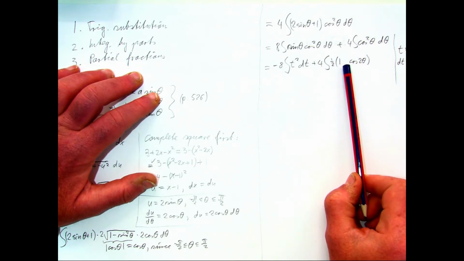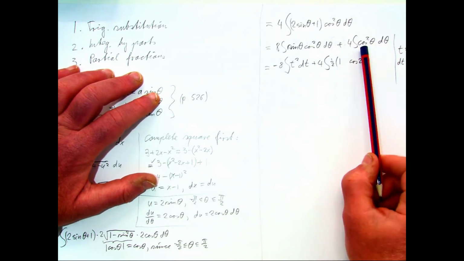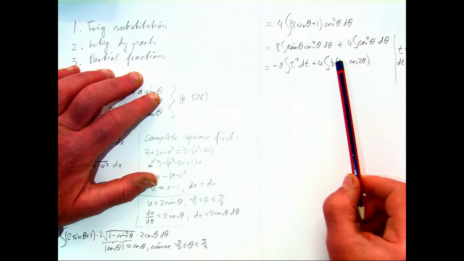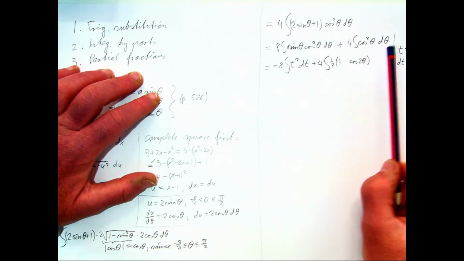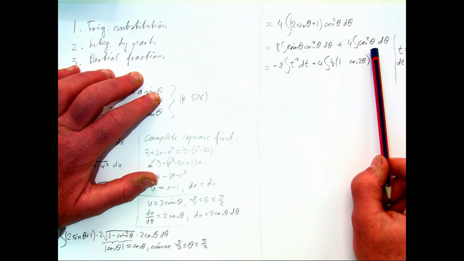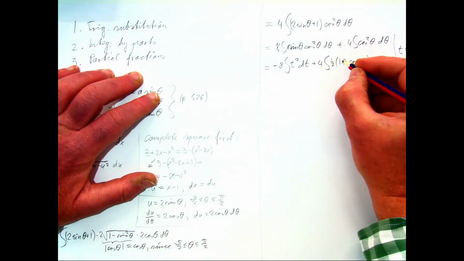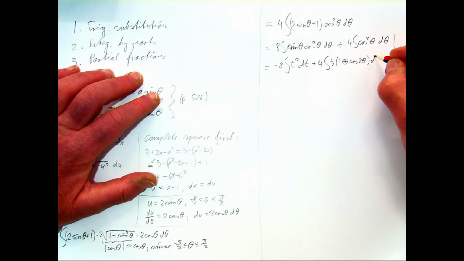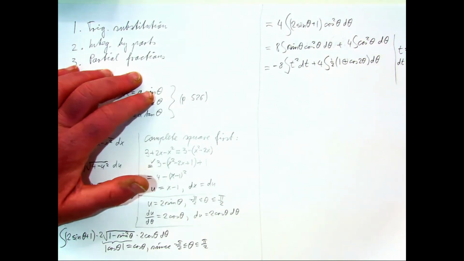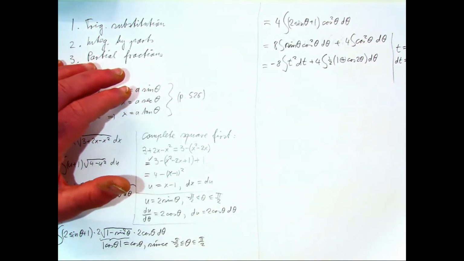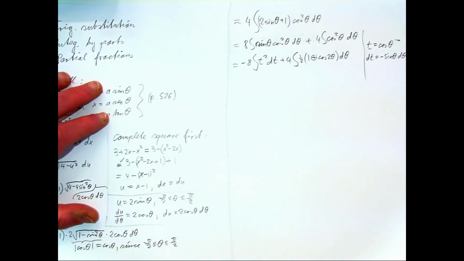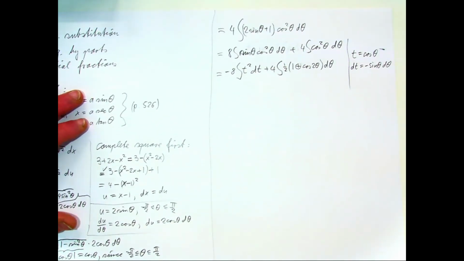What's the easiest way to remember? If it concerns a cos, it gives you a plus. If it was a sine, it would give you a minus. So it's very easy to remember. So the cos gives you here a plus. Any questions so far?